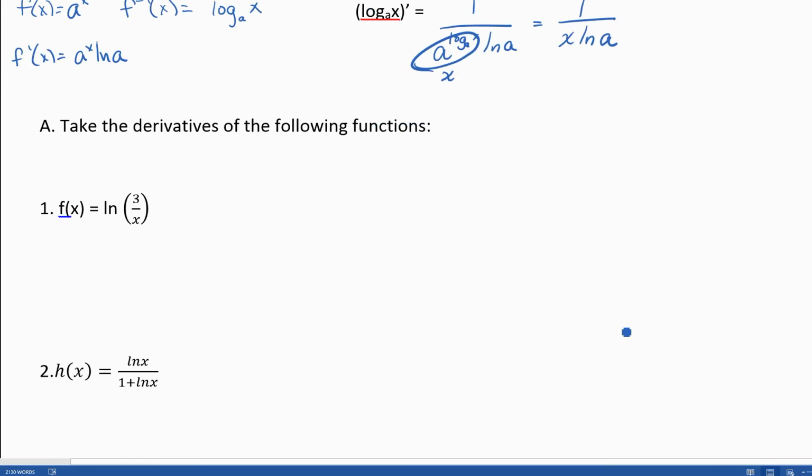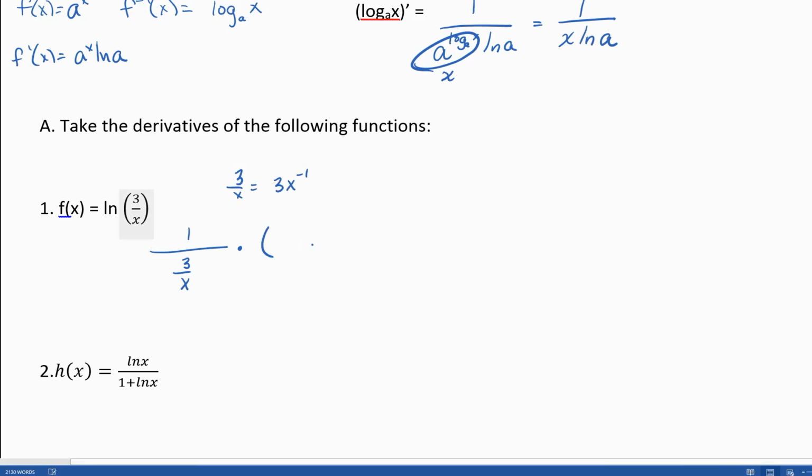Okay, so we're going to take the following derivatives, and you have to use the chain rule and everything else that we've learned so far. So here we have natural log of 3 over x. The derivative of natural log is 1 over x, so we would first take 1 over 3 over x. Now we need to multiply by the derivative of 3 over x, which is the same as 3x to the negative 1.